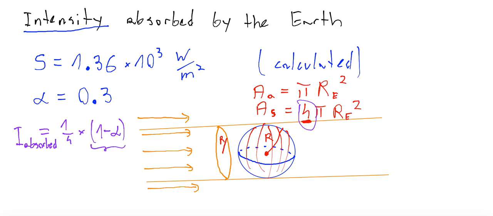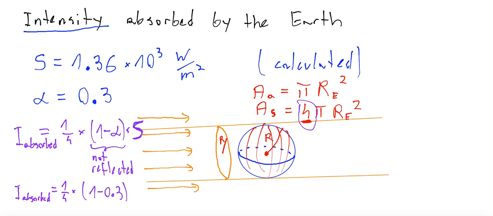Absorbed means not reflected, so we have to eliminate albedo, of the solar constant, something which the sun delivers to us. So again, the intensity of radiation absorbed by the Earth is 1/4 of (1 minus 0.3), because 70% is absorbed and 30% is reflected, of 1.36 times 10 to the power of 3. This is something which the sun delivers to us.